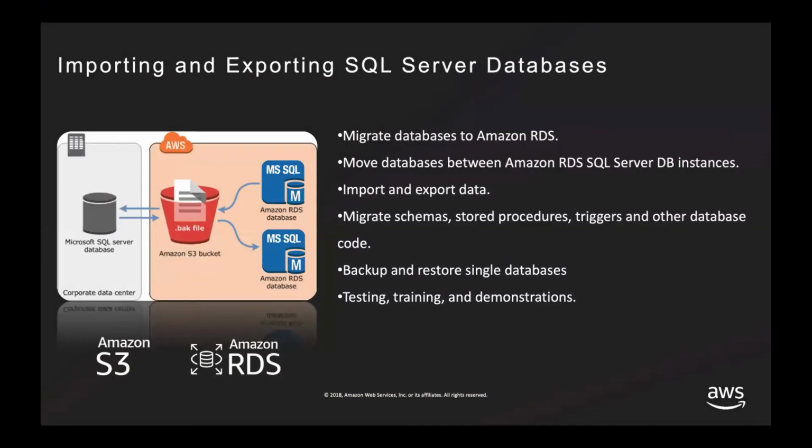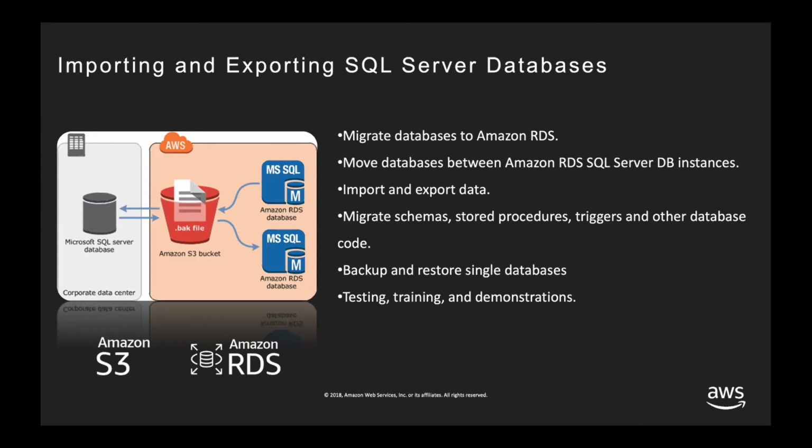I like to start this slide off with "back in my day," we had to do things really hard. We had to take a backup of an existing database, upload it up to S3, and then import that into RDS, which for a lot of use cases is still great today. It's very simple. It uses the native backup capabilities of your on-premise services.